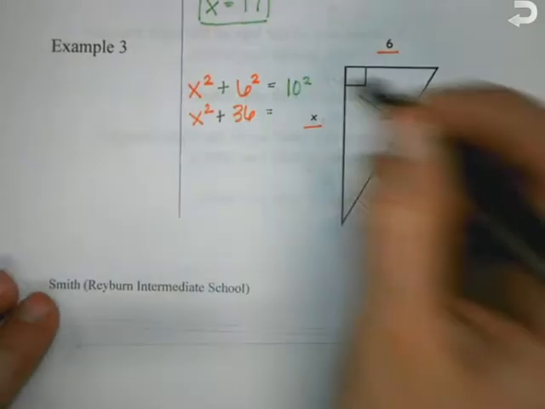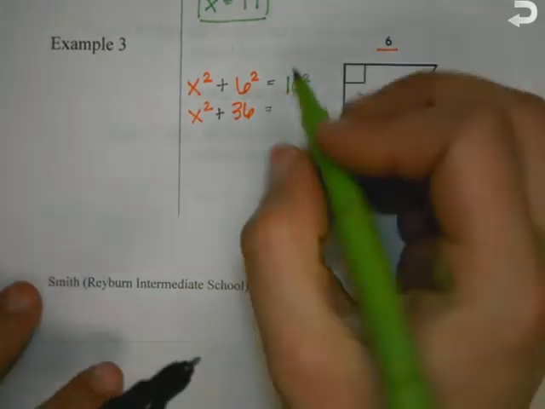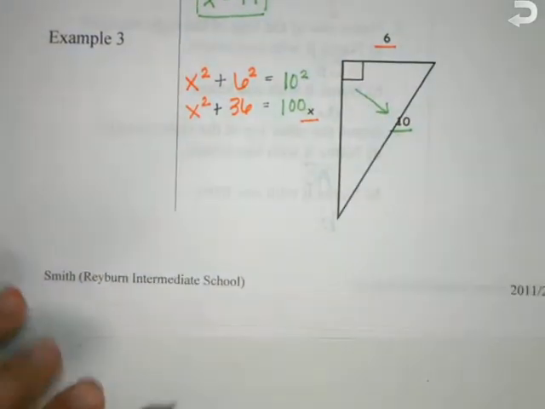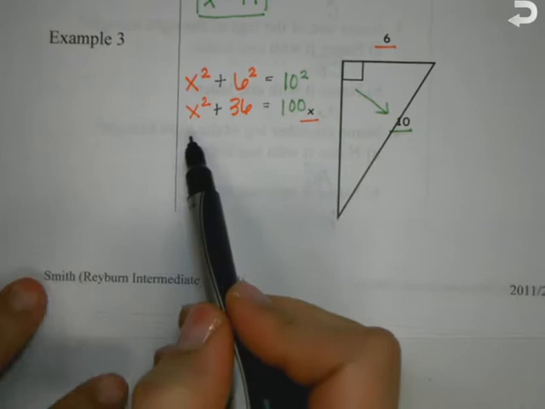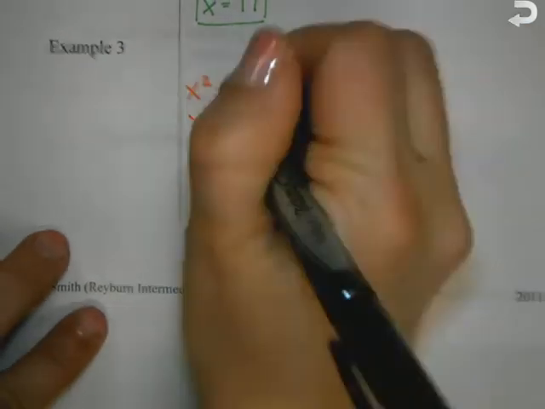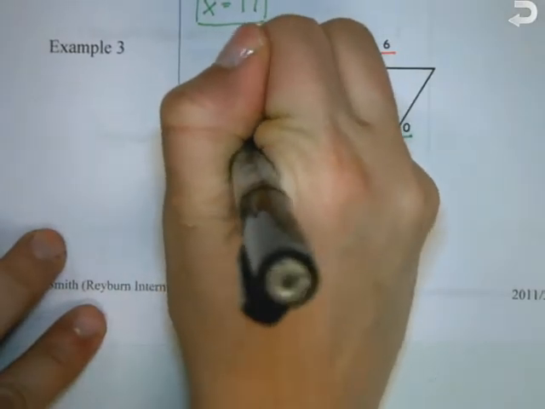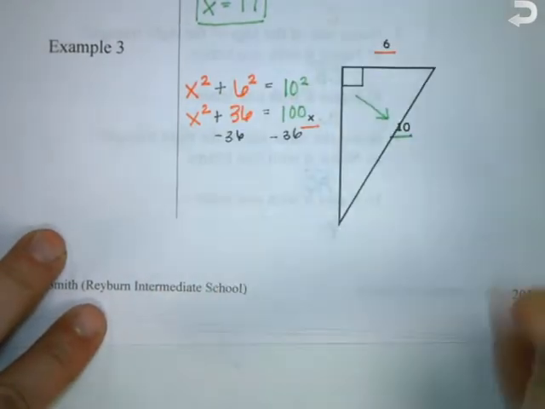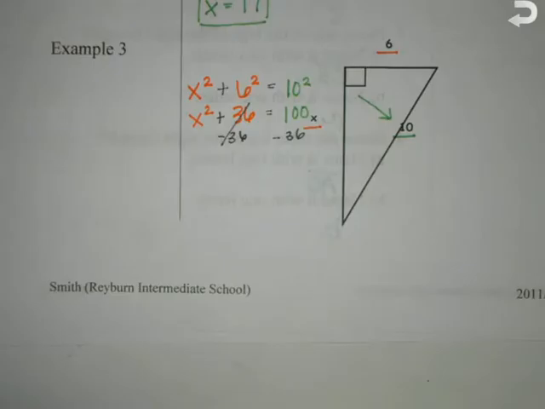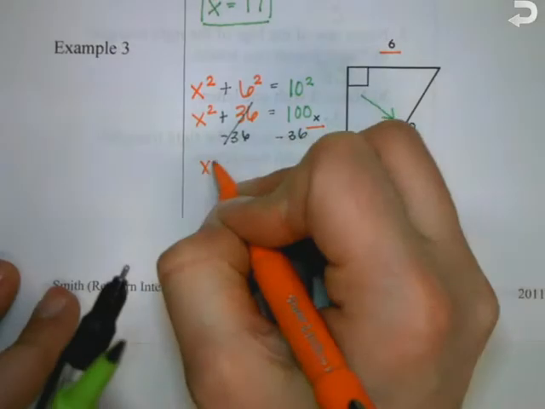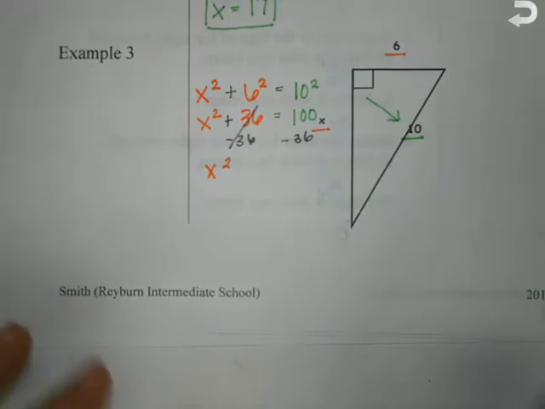Okay, now what do I have to do? Good, we need to get x by itself, which means I have to first subtract 36 from both sides, because we have a plus 36 added on there. So that's going to give me x squared is equal to 100 minus 36. 64.